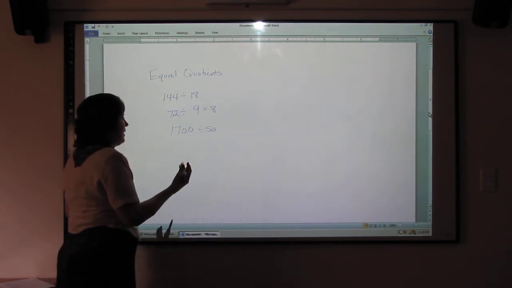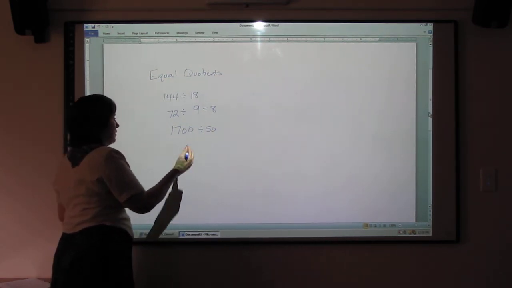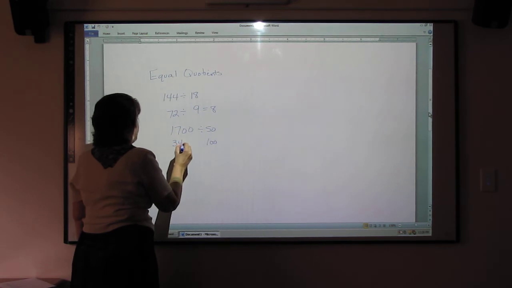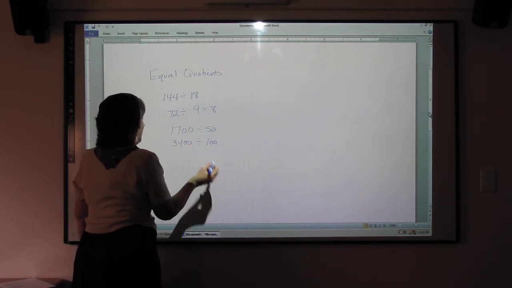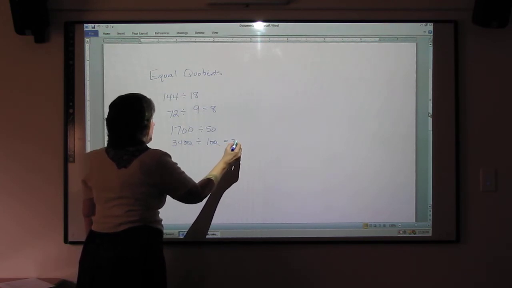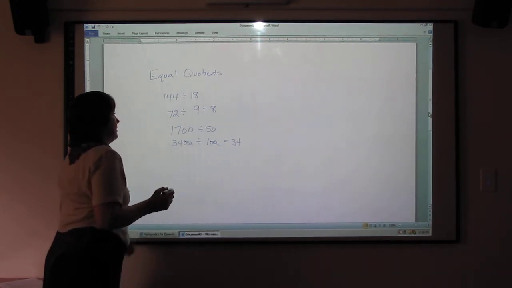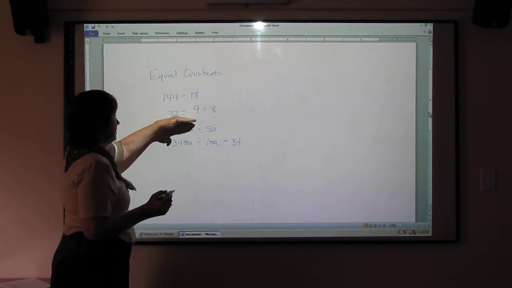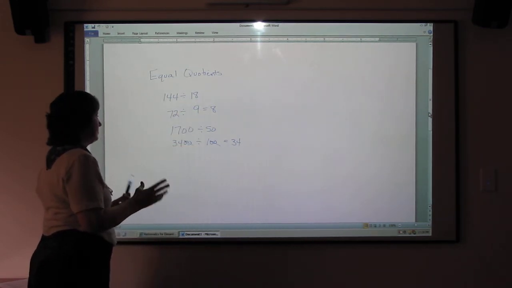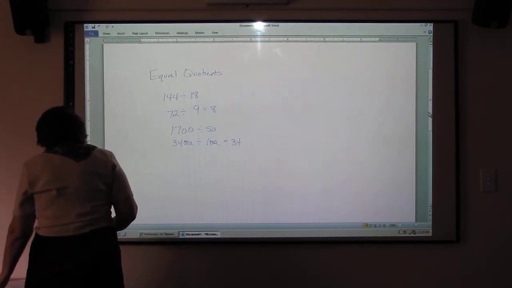That wouldn't be too hard to do in my head, but I can make it easier to do in my head if I multiply this by 2 and multiply this by 2, and then dividing by 100, I can take out the zeros, and my answer is 34. So I can make either both numbers smaller or both numbers bigger, as long as I increase them by the same ratio. I haven't changed the problem.